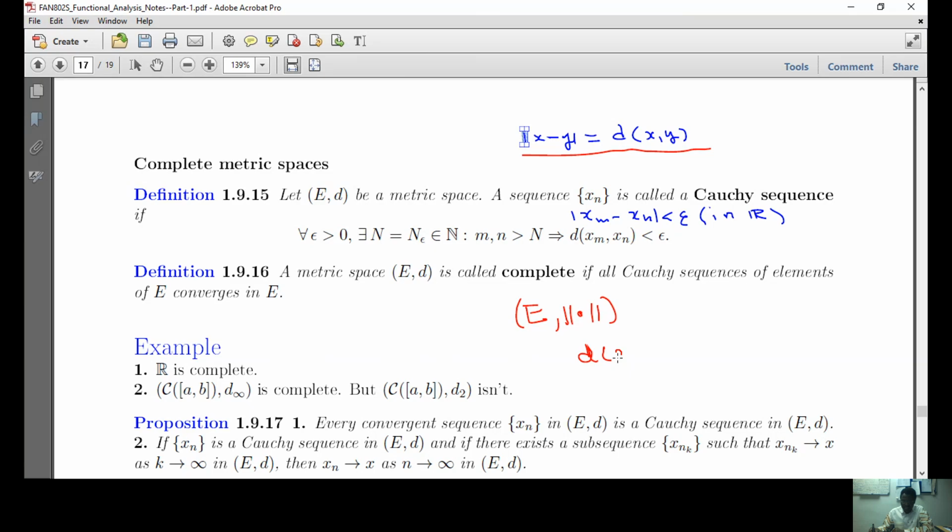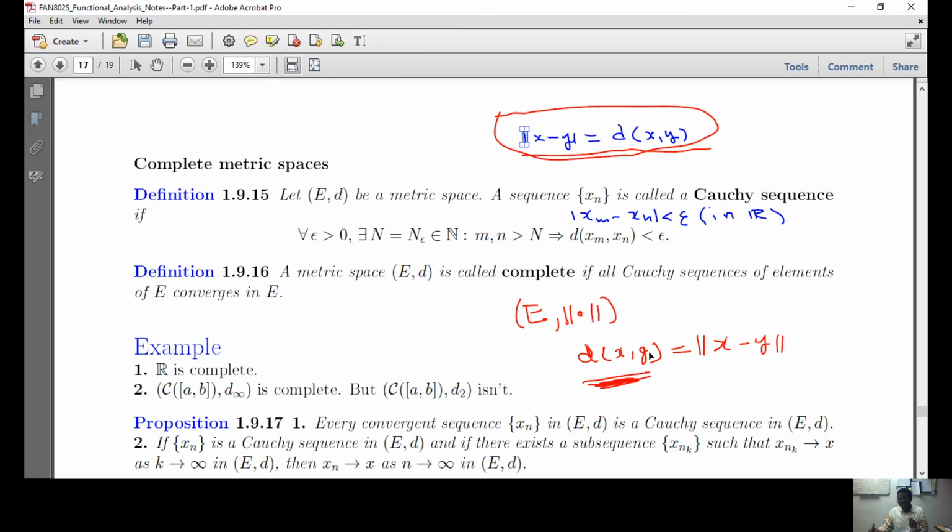We just define the distance from x to y to be the norm of the difference x minus y. Exactly what we did here with R. So that's how you obtain a distance from the norm space. So once you have a norm space, you have a metric space. You just define the distance from the norm this way.